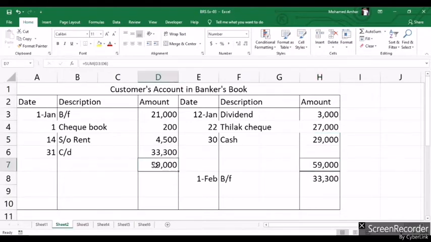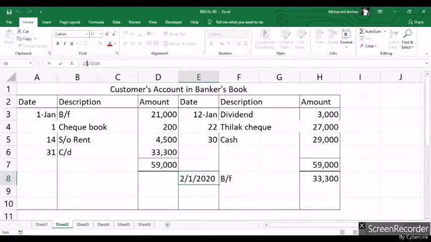Then from the 59,000 deduct the 21,200 and 4,500. So the balance carried down is 33,300, so brought forward is 33,300. This is dated September. After September it should be November, so I'll change that. The date is November 1st.